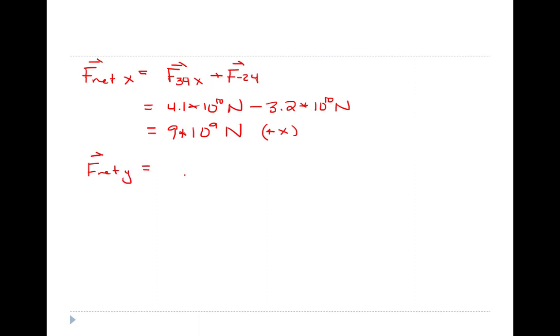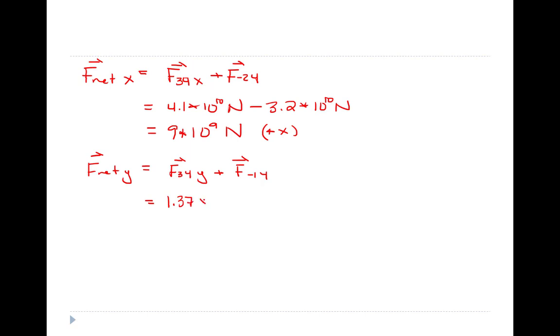F net y, similarly, will be F34y plus F14. And as we saw earlier, F14 is in the negative y, so when I put it in, I'm going to subtract it off.